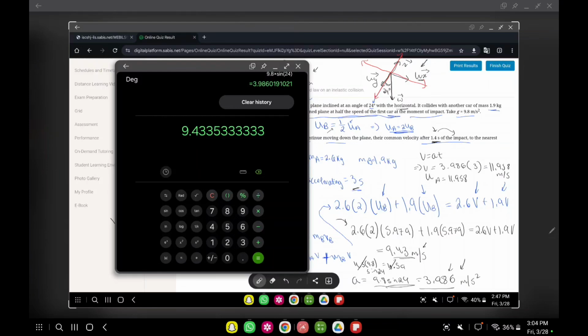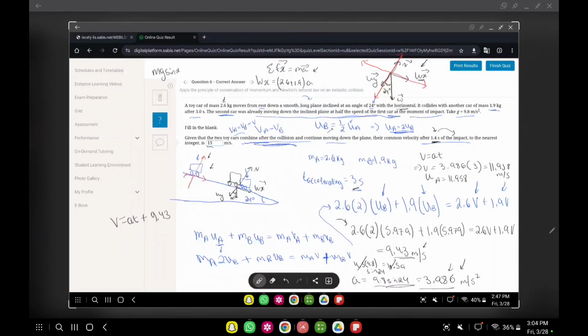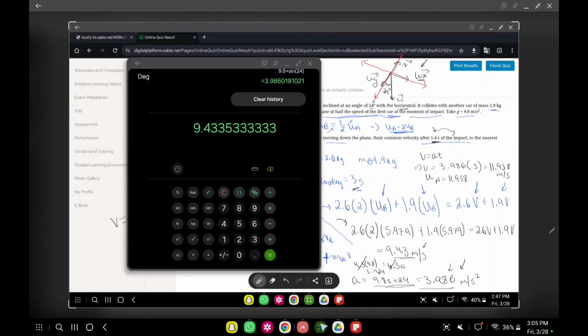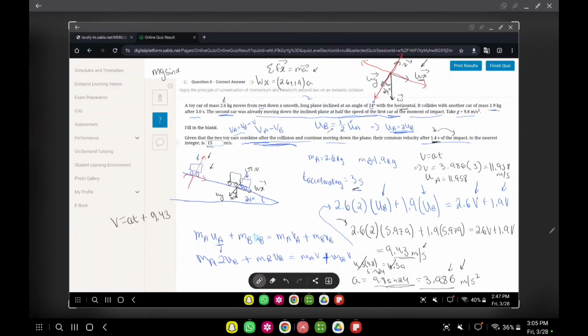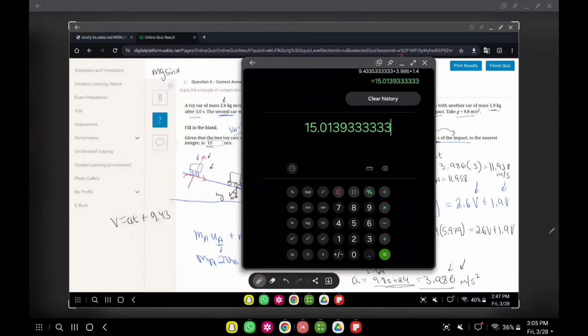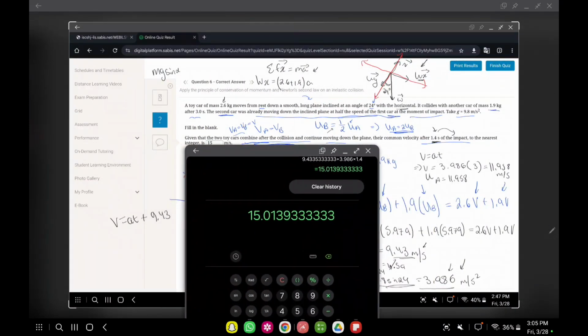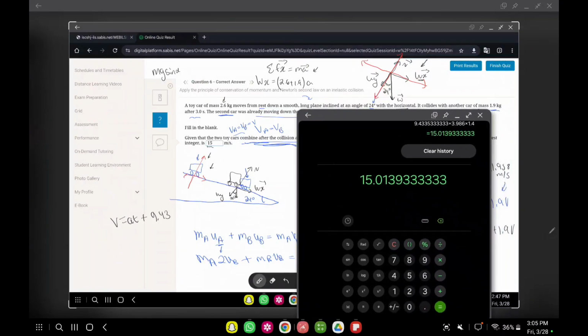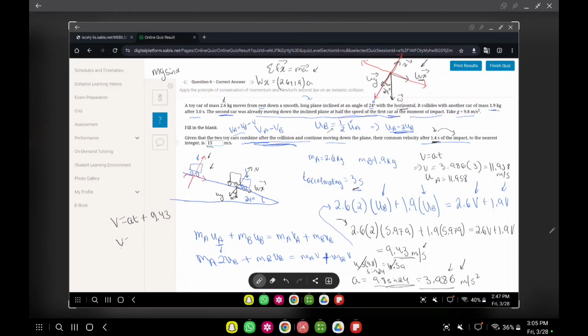So v is equal to 3.986 times 1.4 plus 9.43. You get 15, to the nearest integer as they ask in the question: 15 meters per second.